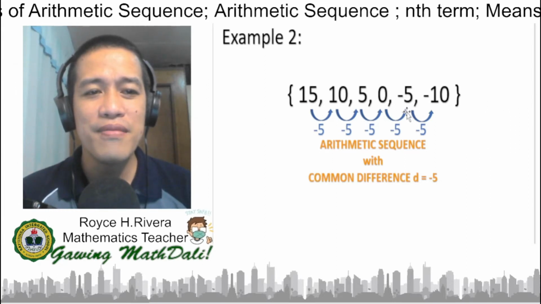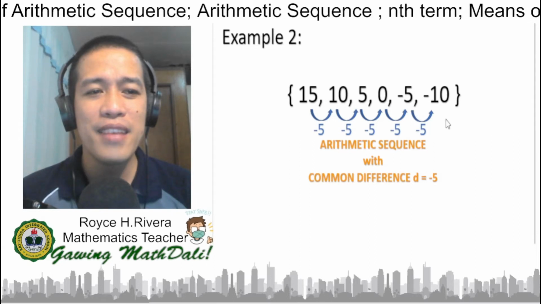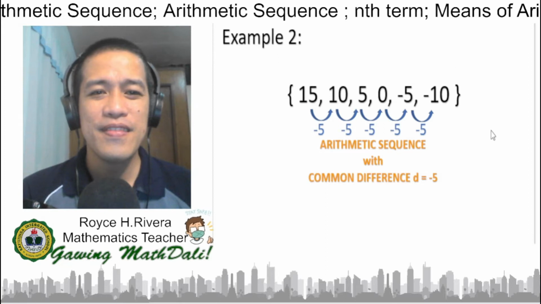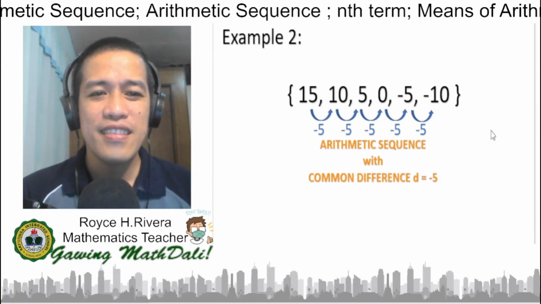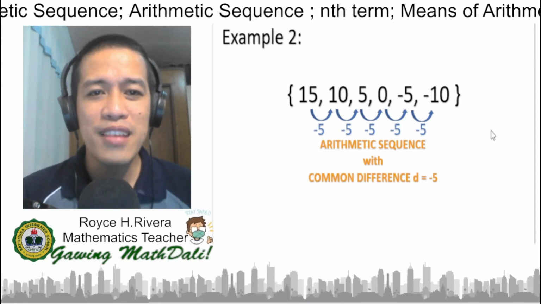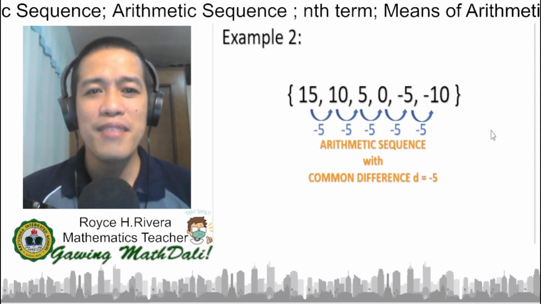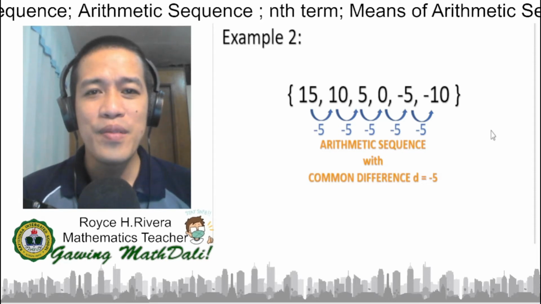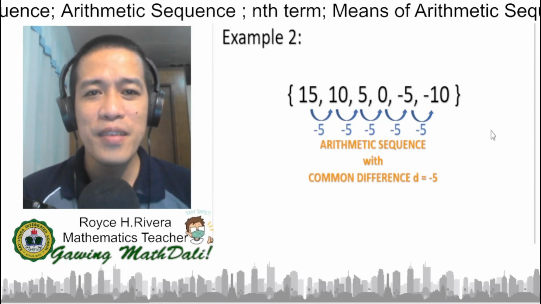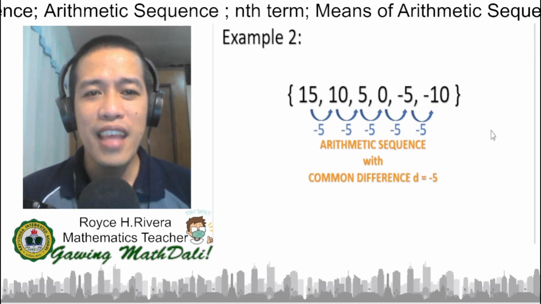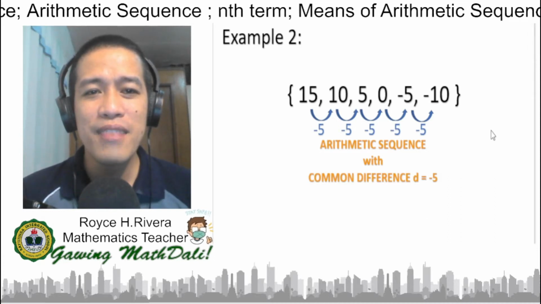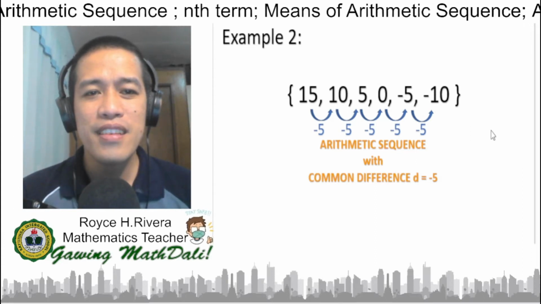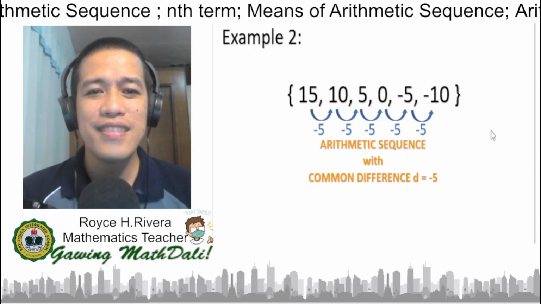And negative 5 plus negative 5 is negative 10. The first two examples are arithmetic sequence. Remember, sequence is an arithmetic sequence if there is a common difference between two consecutive terms in the given sequence.